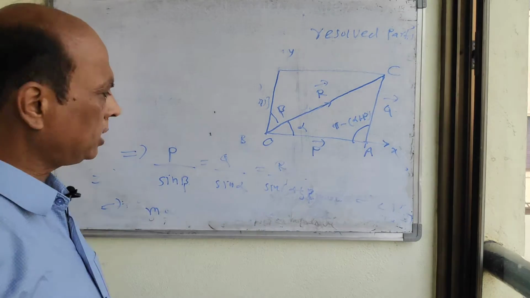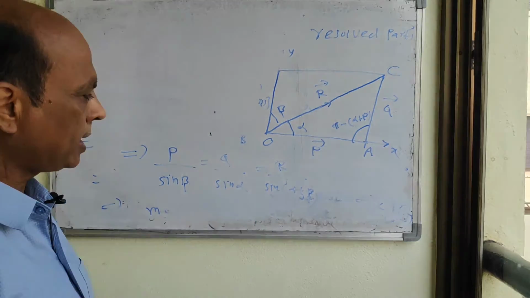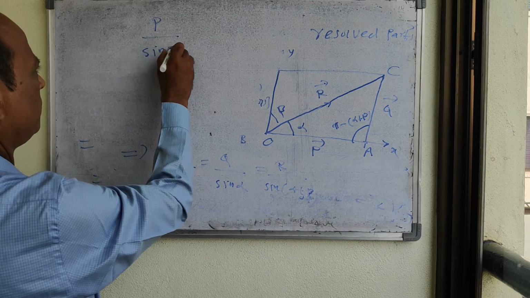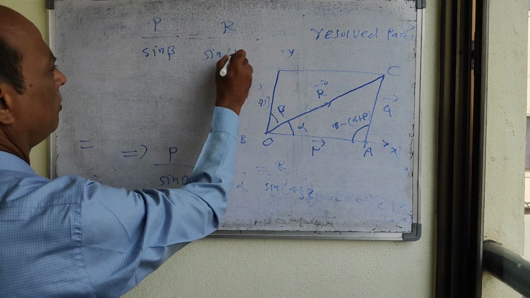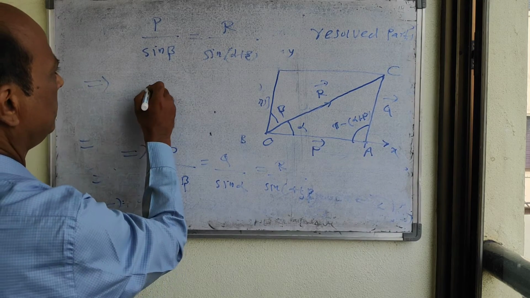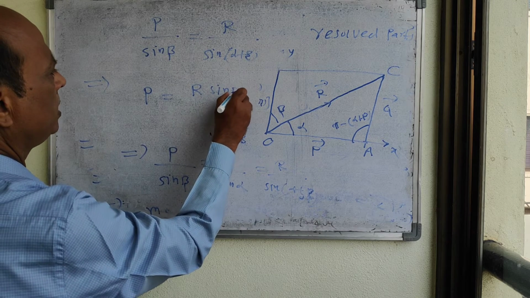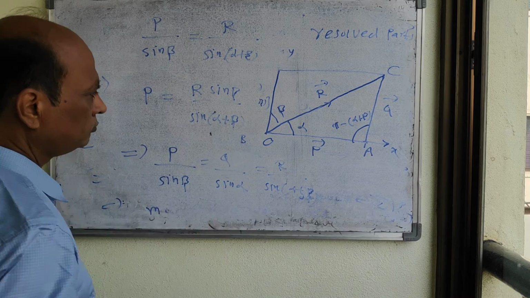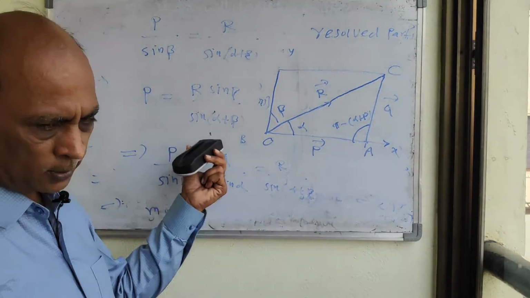Now, if we equate the first and last terms, P upon sine of beta is equal to R upon sine of (alpha plus beta), which implies that P is equal to R sine of beta upon sine of (alpha plus beta).